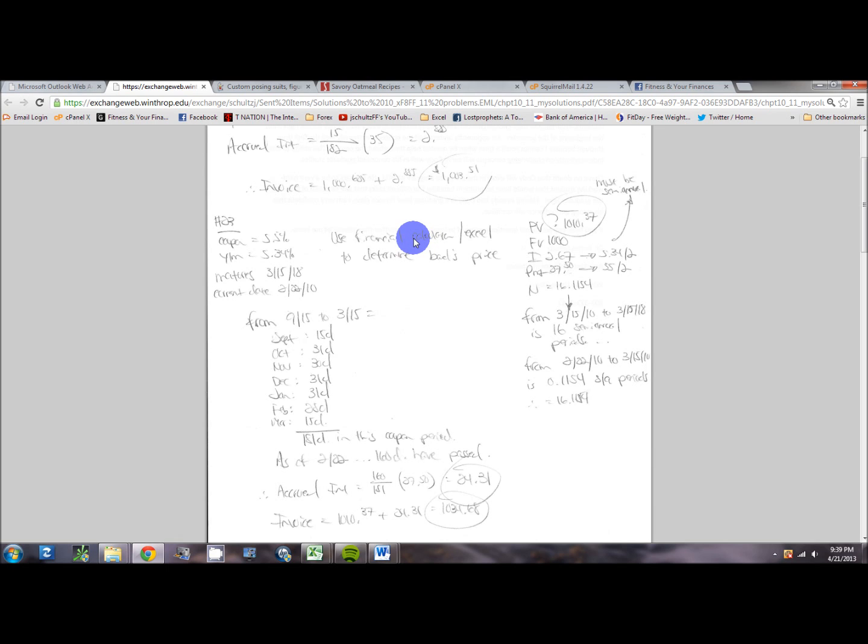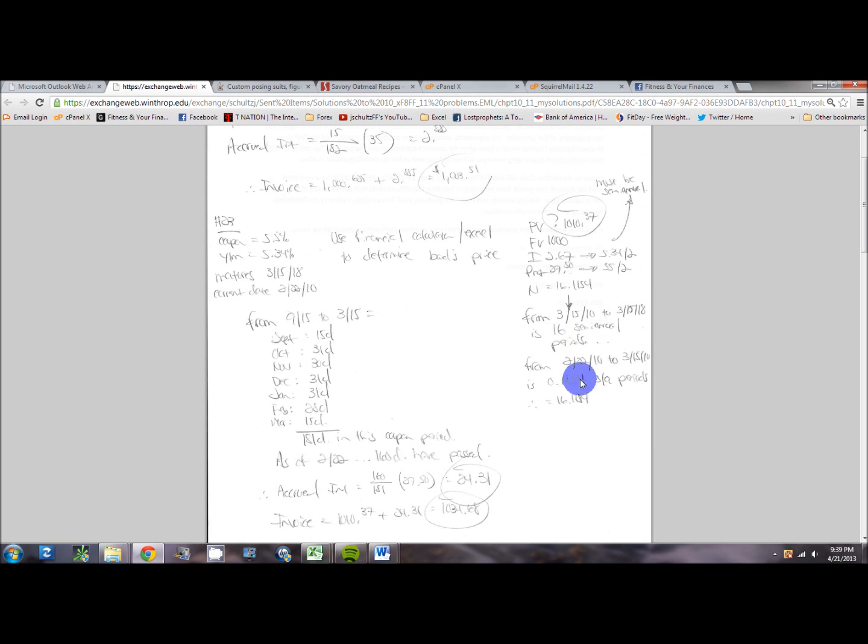Basically, all of these inputs are, there's your par value, there's your yield to maturity that has to be semi-annual because the coupon payments are made semi-annual. So that's your $27.50. And then N, let me talk through N because there is a mistake in here. From March 15th, 2010 to March 15th, 2018, there's 16 semi-annual periods.